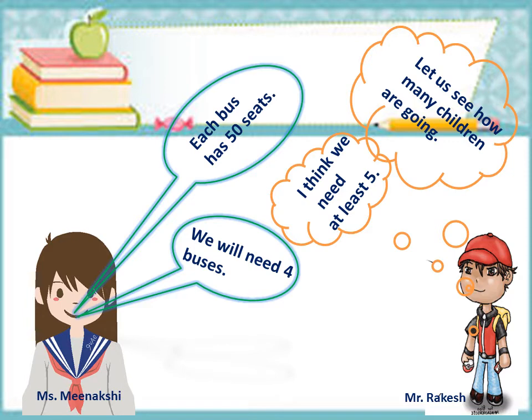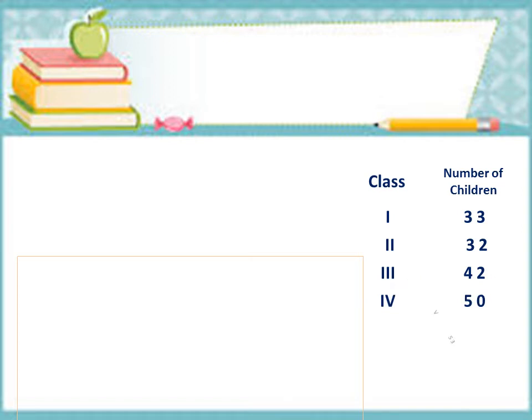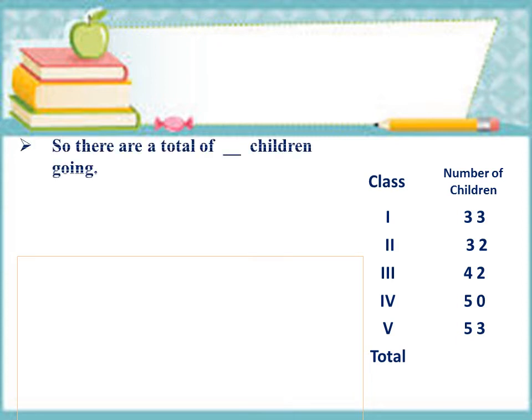Then they made a chart class-wise and children-wise. The chart shows class 1, 33 children; class 2, 32 children; class 3, 42; class 4, 50 children; class 5, 53 children. So they have to calculate first how many children are going on the picnic. So there are a total of dash children going.